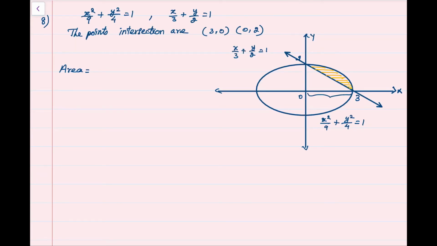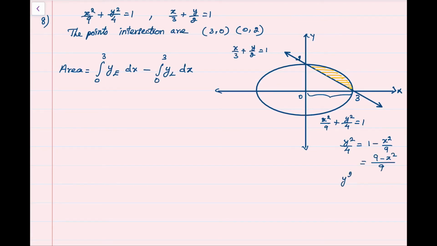We will do integration with respect to the variable x. Integral 0 to 3 of upper curve, the ellipse, minus integral 0 to 3 of lower curve, the line, dx. We will find y from both the equations. The ellipse equation is y square divided by 4 equal to 1 minus x square divided by 9. Take LCM.